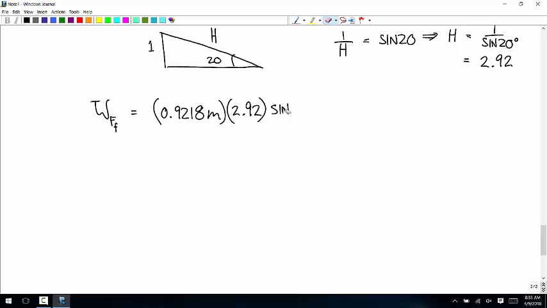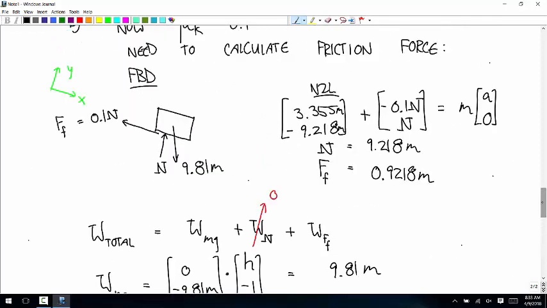Yes, cosine. So what is the angle between the displacement vector and the force of friction vector? More than 90. We know what it is because the force of friction vector is up the ramp.